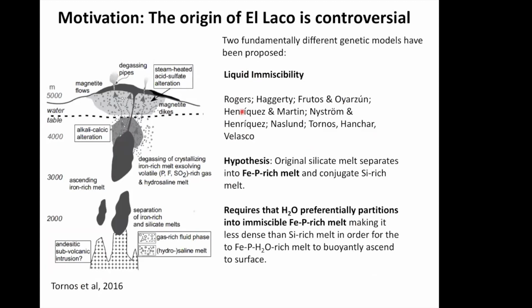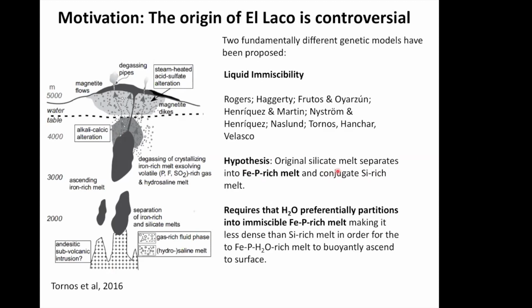And the hypothesis here is that at some depth below the El Laco volcanic complex, there was a primary parent silicate melt that during cooling and decompression unmixed into coexisting iron-phosphorus-rich melt and silica-rich melt. So that would allow unmixing to produce an iron-rich melt that could crystallize to form the magnetite-rich ore bodies, and a conjugate coexisting high-silica melt that would form perhaps rhyolites or high-silica dacites.